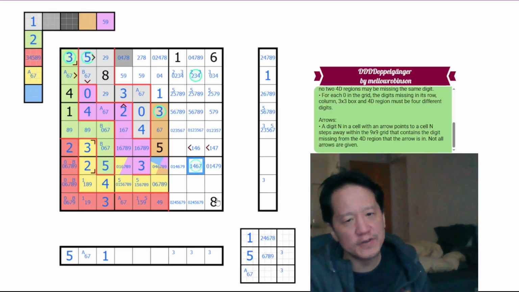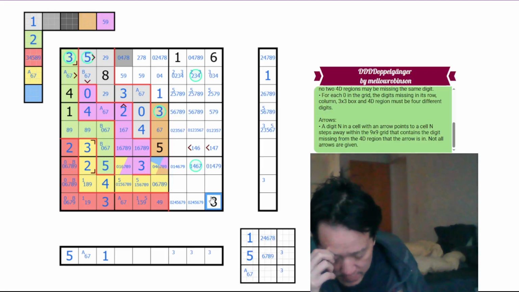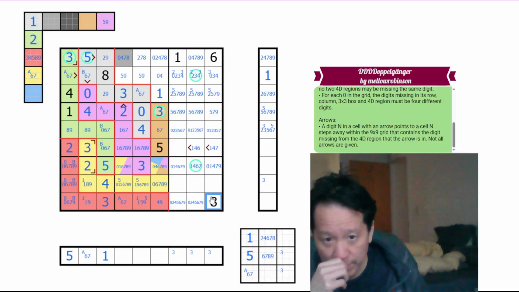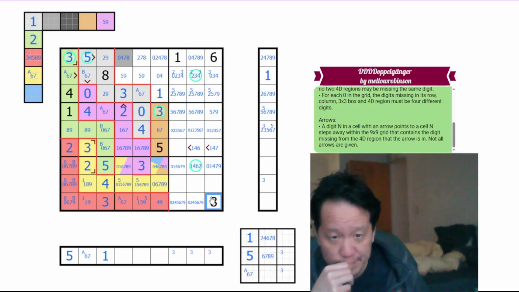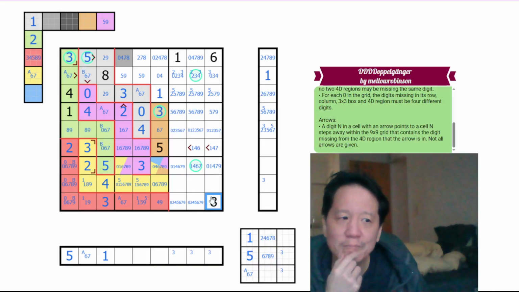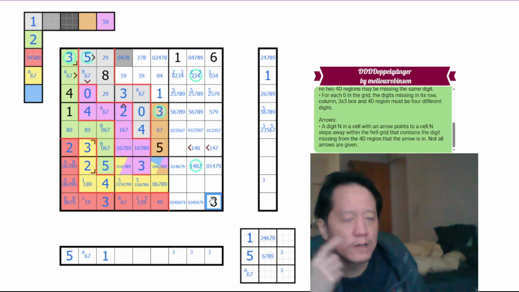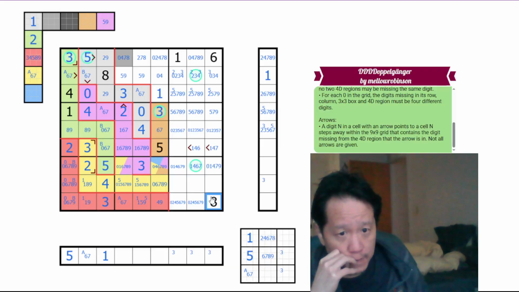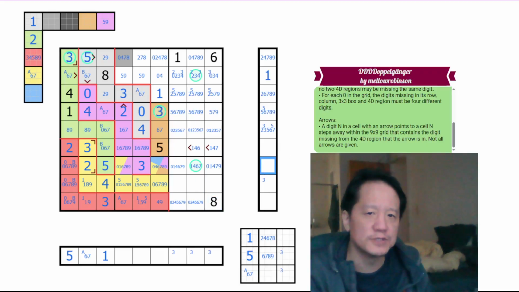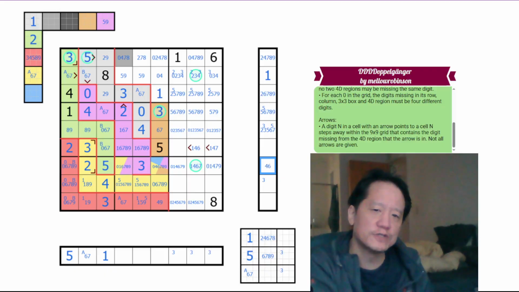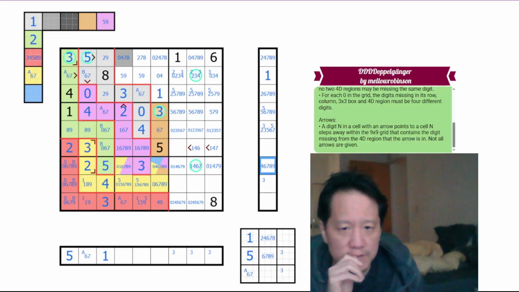This can be 7 only if it's part of that region there. So that's possible. Missing digits in row 7: 4, 6, 7, 8, 9. Okay.